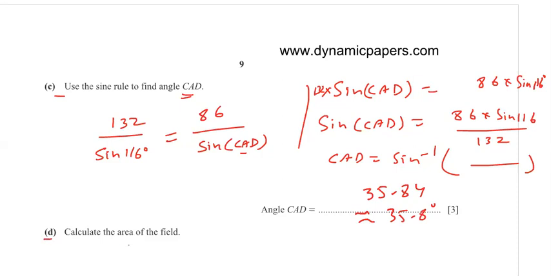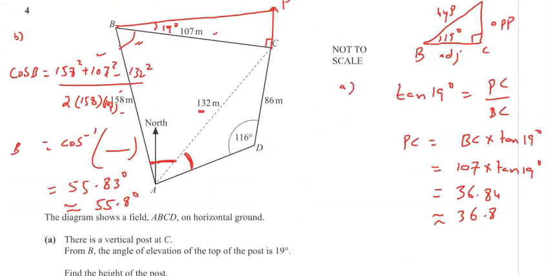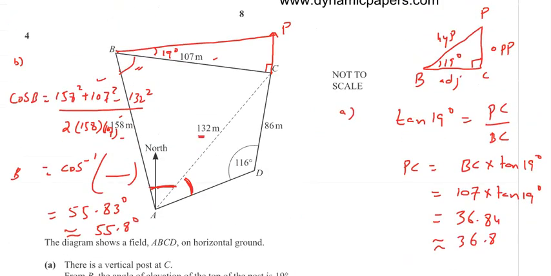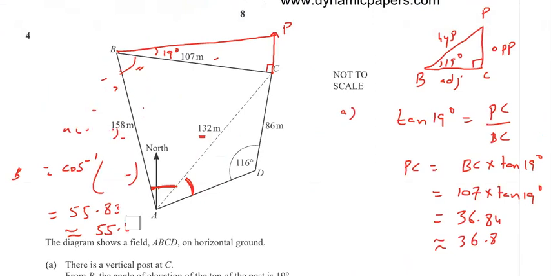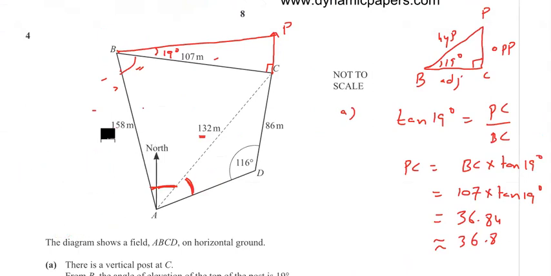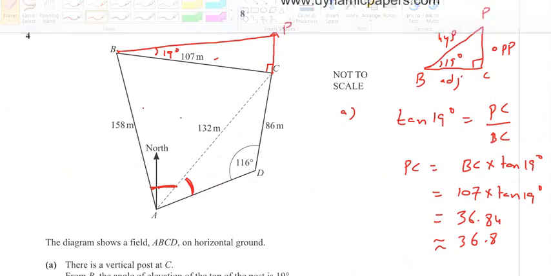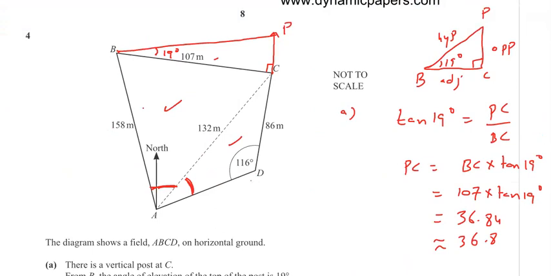And then finally calculate the area of the field. We need to find the area of the full field. This is the complete field. I need to remove the other extra work, so it will be easy for you to understand. To find the area of this field, there are two triangles. First this triangle and then this triangle.